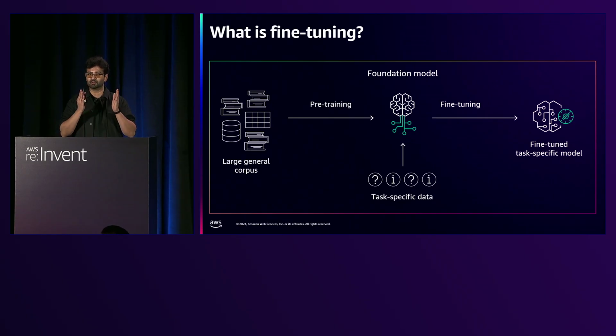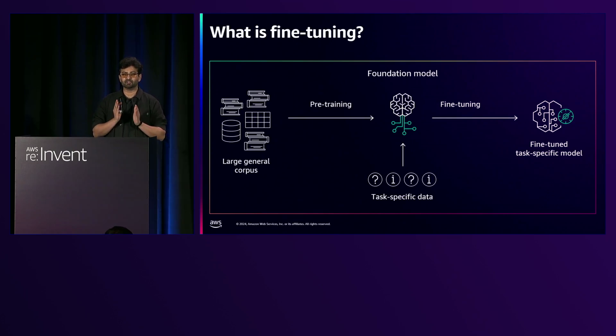So you get to a foundation model that is generally capable across multiple tasks, languages, and domains. And then you take labeled task-specific examples that are generally prompt-completion pairs, essentially: here's the input and here's my expected output. You use that as a training data set to fine-tune your base model to get a fine-tuned model that's specific to your use case.